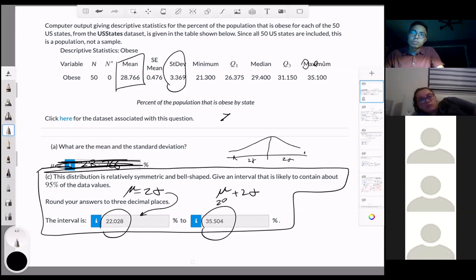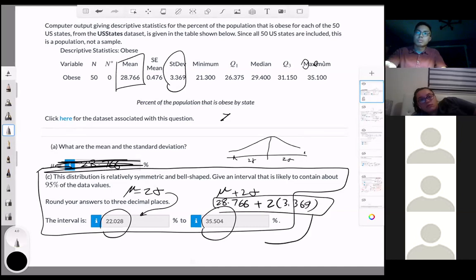So 28.766 plus 2 times 3.369. This gives us this value, and 28.766 minus 2 times 3.369.